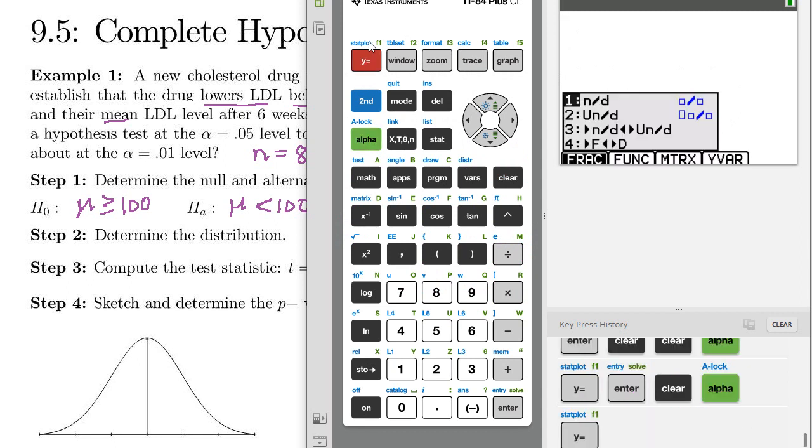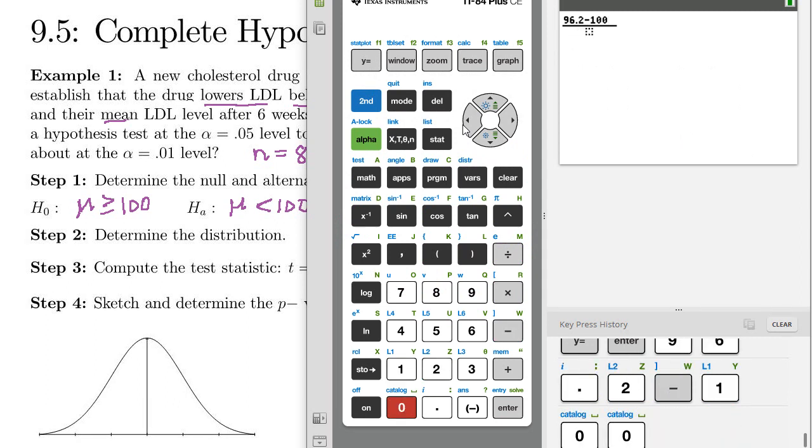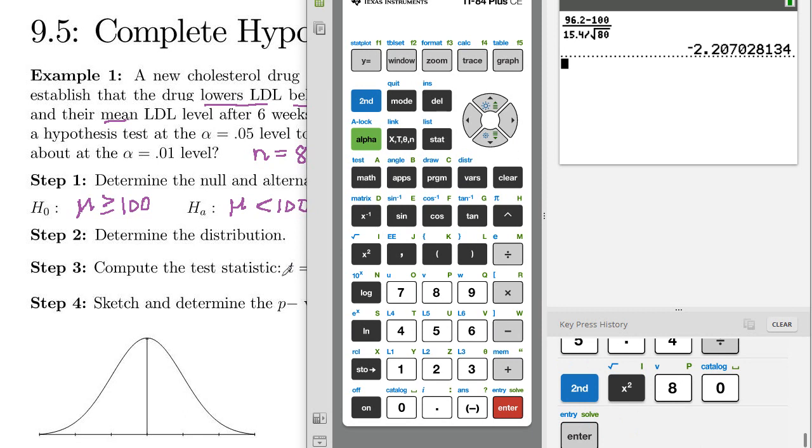So alpha y equal enter for a horizontal fraction, 96.2 minus 100 up top. And the denominator, 15.4 divided by square root 80. So about negative 2.21.